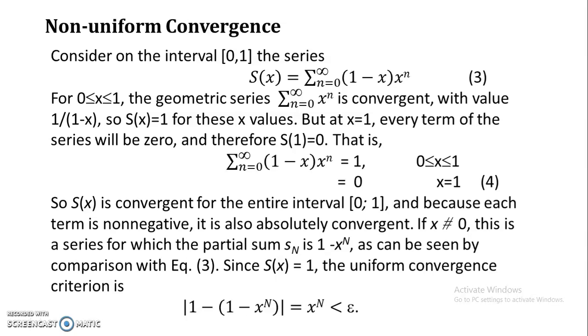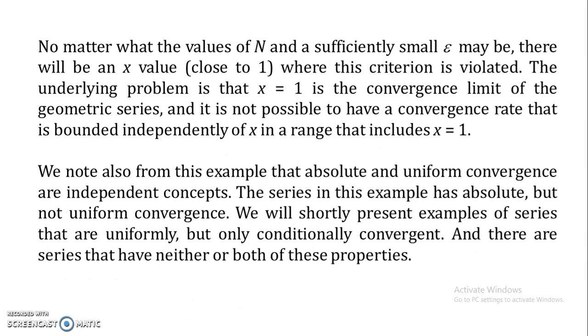As we know, the 1 gets cancelled, so it is x power n less than epsilon. No matter what the value of capital N and a sufficiently small epsilon may be, there will be an x value close to 1 where this criterion is violated.